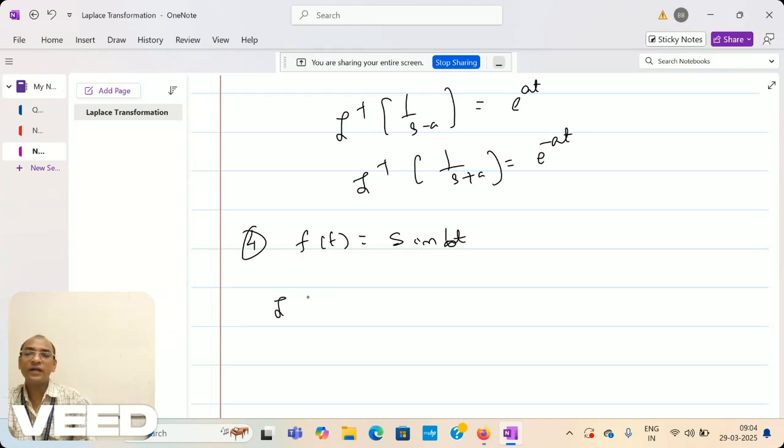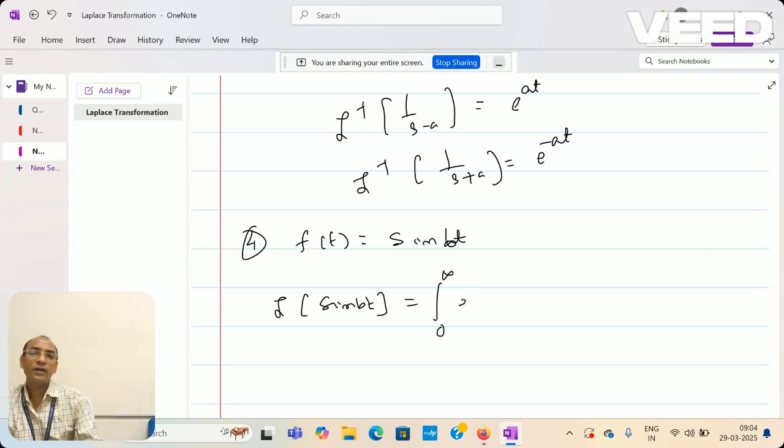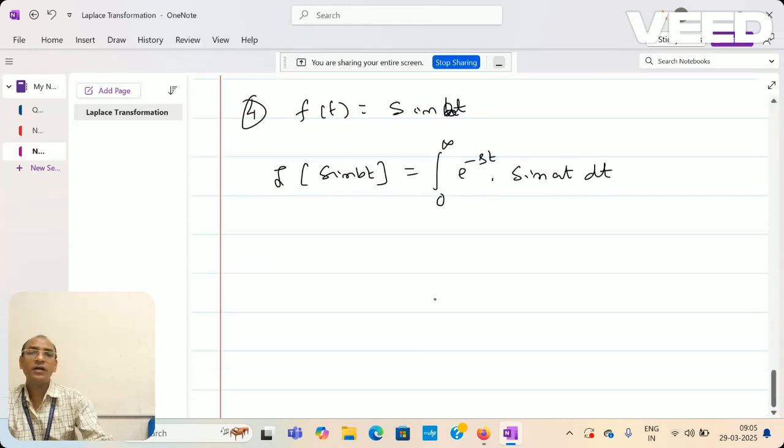Now if I take the Laplace transformation of sine bt, then that is equivalent to the integration from 0 to infinity of e to the power minus st into sine bt dt.